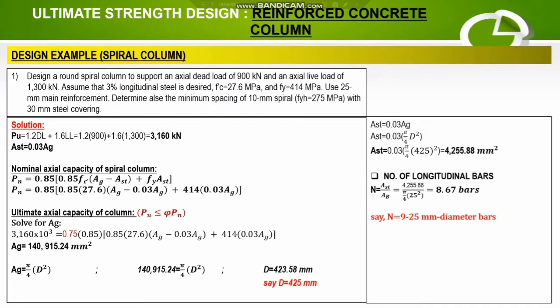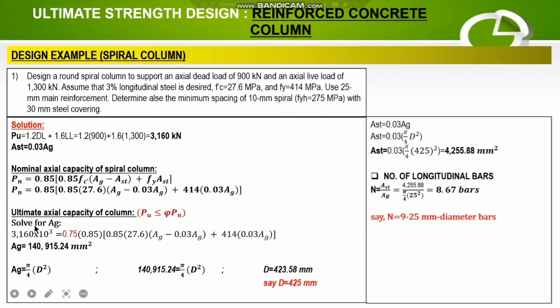Then for the ultimate axial capacity of the column, take note that the design capacity must be greater than or equal to the factored axial load. So P sub U is less than or equal to phi Pn.